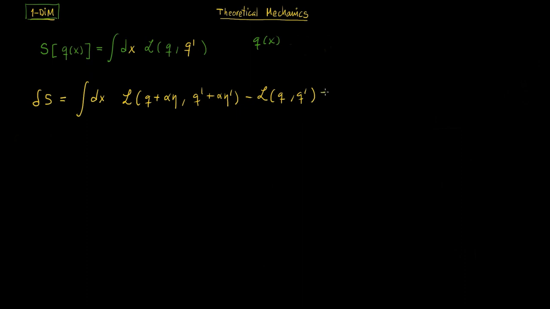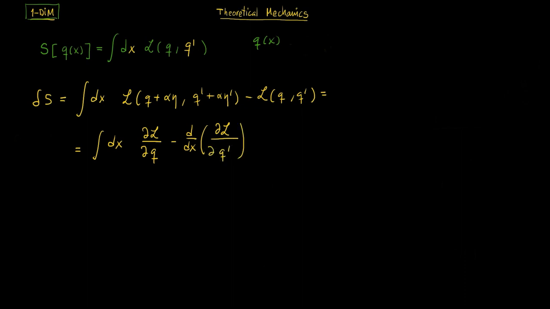And after a while, he obtained something like this: the partial derivative of the Lagrangian density with respect to q minus the total derivative with respect to x of the partial derivative with respect to q prime.